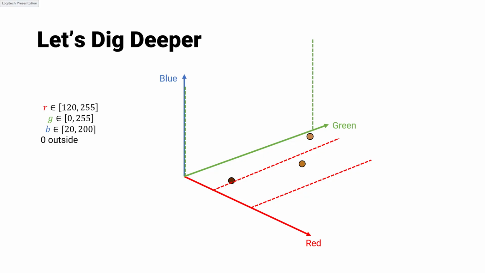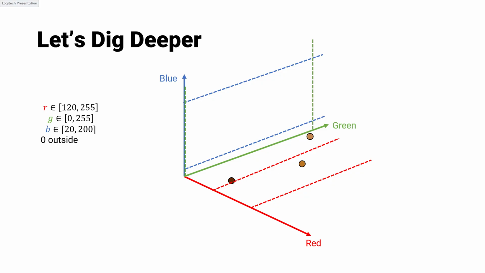We did the same thing for red, the same thing for green, and the same thing for blue. I want you to pause the video for a second and think about what shape this would be constructing. Remember that this is thresholding color. We are saying everything within this range is orange and everything outside this range is not orange, right?